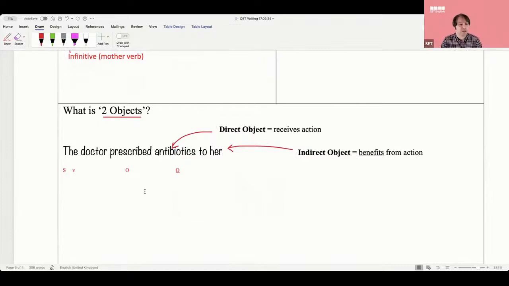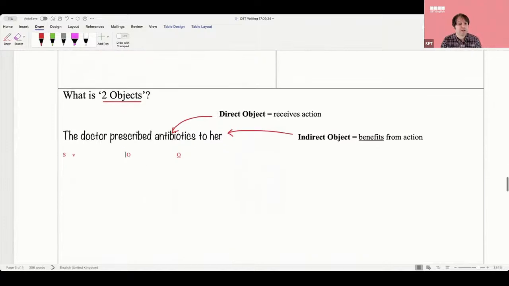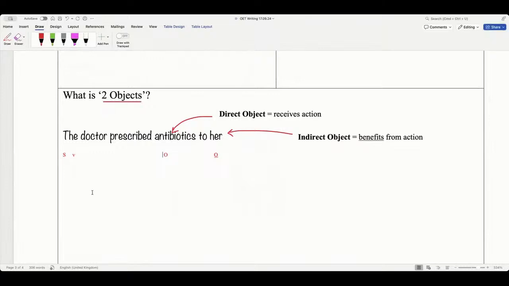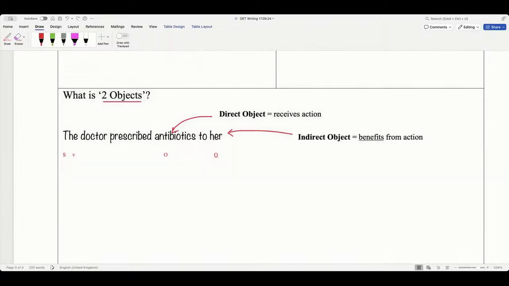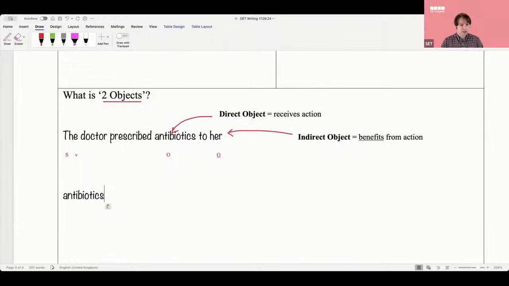Now, let's change it. Patricia, I want to change this now. Can you make a passive sentence for me? The antibiotics was prescribed. So, guys, is this the direct object or the indirect object?